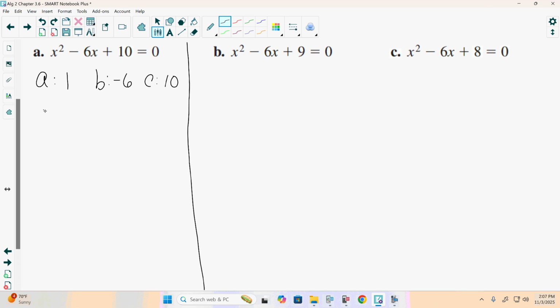Now we need to find the value of the discriminant, which is b squared minus 4ac. Now the value of b is negative 6. The value of a is 1, and the value of c is 10. So we plug b, a, and c in. Now we just need to evaluate this.